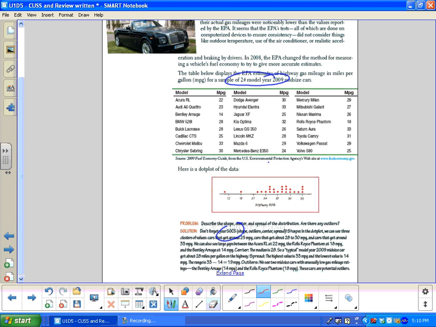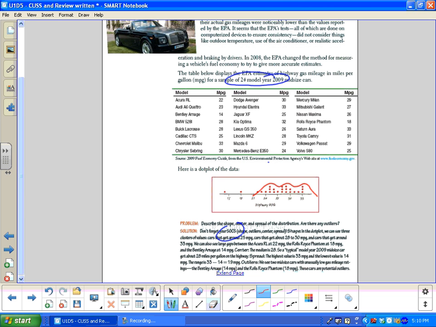Alright, so we have kind of a mound shape over here. You could almost call it multimodal, but because the peaks are so short, I would probably just call it mound shaped or symmetric.